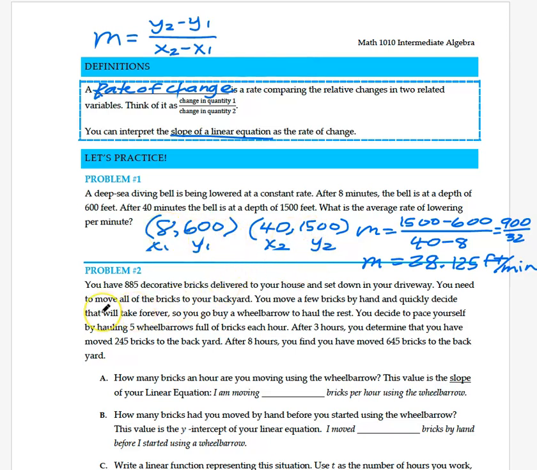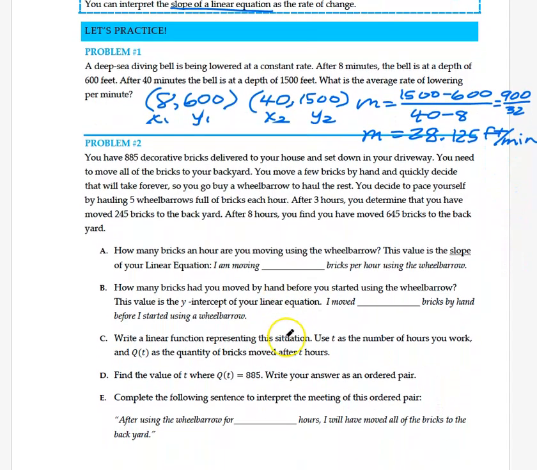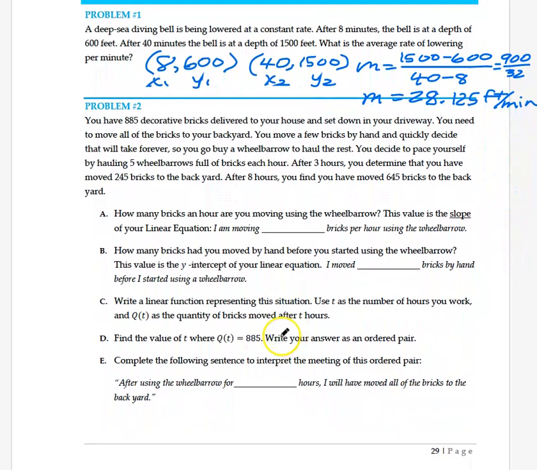So let's look at this next problem. Problem 2 says you have 885 decorative bricks delivered to your house and set down in your driveway. You need to move all the bricks to your backyard. You move a few bricks by hand and quickly decide that it'll take forever, so you go buy a wheelbarrow to haul the rest.